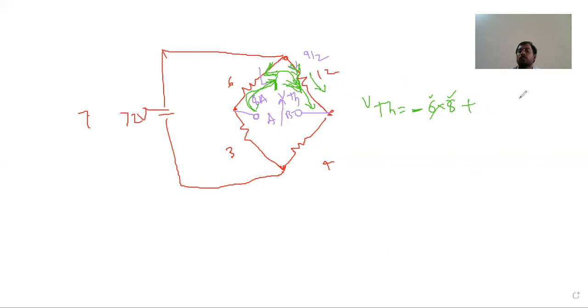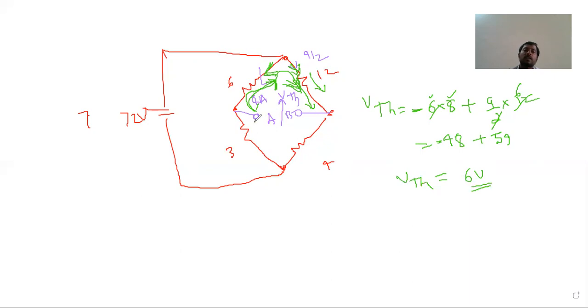The current through it is 9 by 2 and the resistor is 12. 6 eights are 48, minus 48 plus 9 sixes are 54. The difference between these two is 6 volts. So VThevenin is 6 volts.